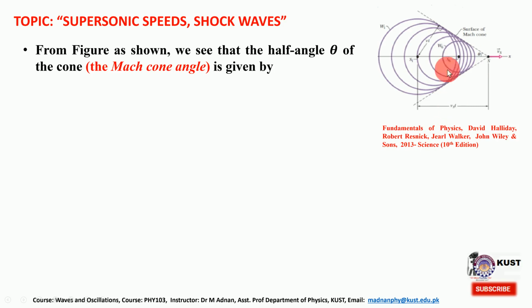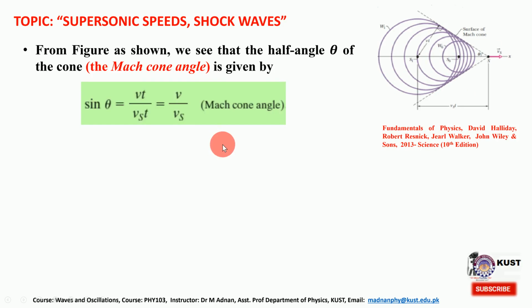So in this way we can use this triangle to define sine theta as vt, which is the radius, or the side of this half cone, over vst, which is this side, as marked here as well.